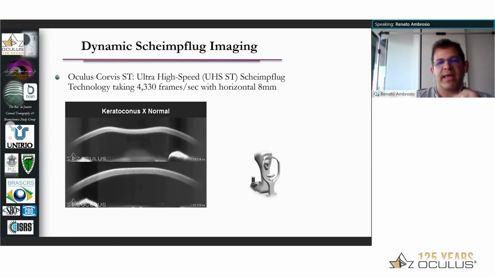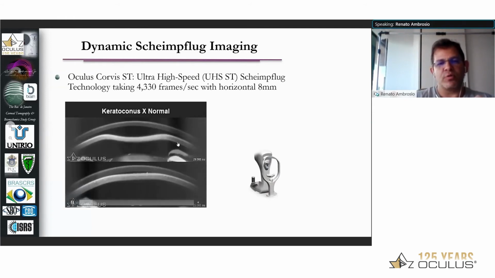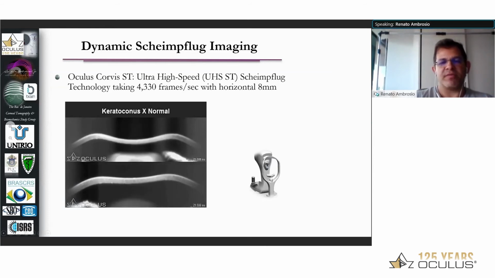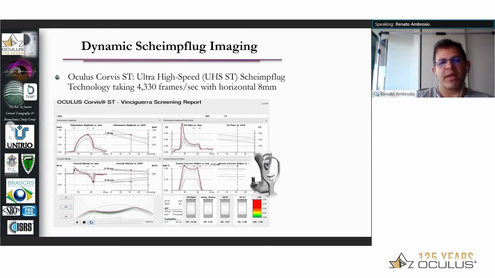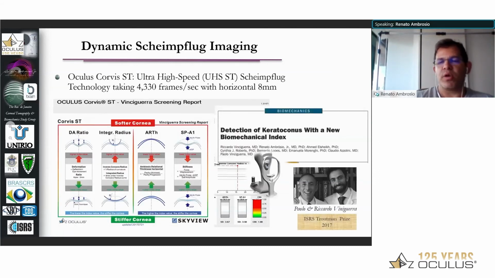In these frames, you can see a very abnormal cornea with a mild keratoconus and a very thick cornea with an ocular hypertension, which is kind of the opposite of a weak cornea. And you can have deformation amplitude, velocity, and all these terms that can be combined into the corneal biomechanical index from the Corvis. This is the work that has been done in conjunction with Paolo Vinciguerra.